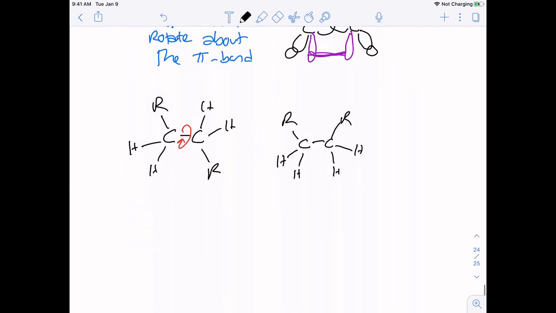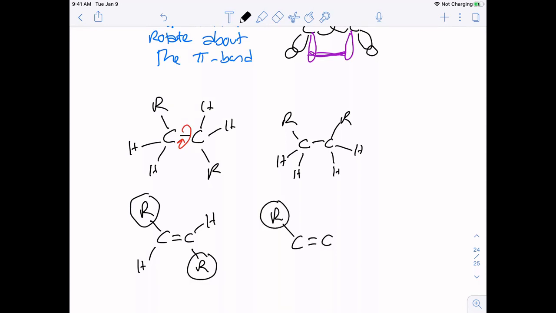If I was to look at the alkene versions of these, so fewer groups because it's sp2 hybridized instead of sp3, but I'm still putting 2 R groups on. I'm putting them opposite. Or I can draw another one where I put them on the same side. So here I had them opposite, but then I rotate that bond and get them on the same side.